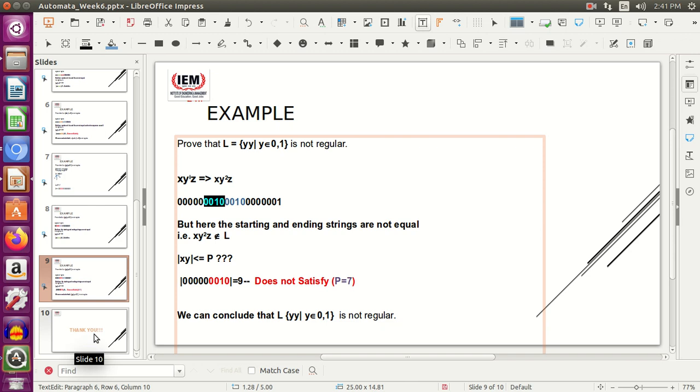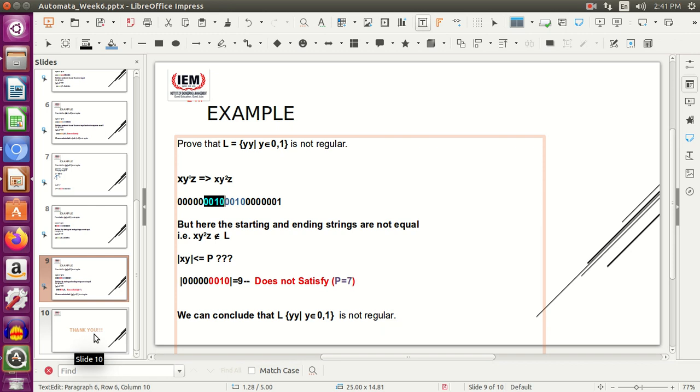There are many more examples, students, a few more types where you can get such a question where you are asked to prove that the given language is not regular. You can practice those at home, and if you find any difficulty, you can come to me. More or less, the process I have shown you will be the same for all of them.